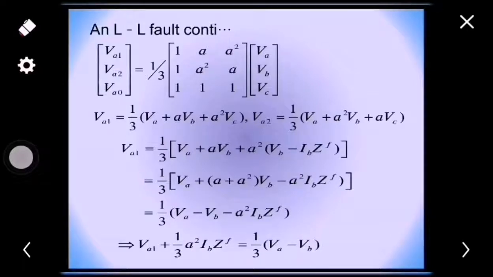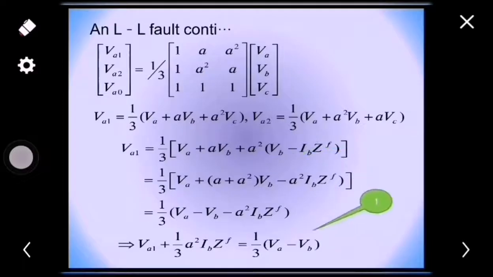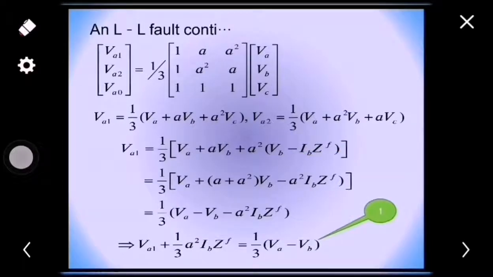Fine. So here we have equation number 1, which represents the relationship between VA1 and VA and VB. Now for VA2 we can also have such an expression. Again we replace VC in terms of VB, and we will have equation number 2. It is also 1 upon 3 VA minus VB, but it contains VA2.